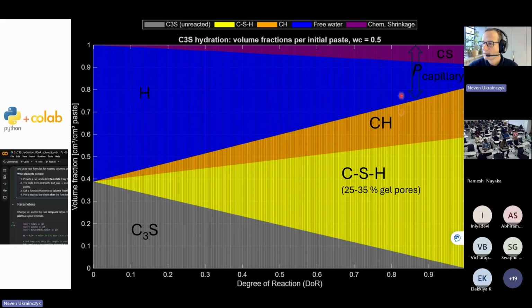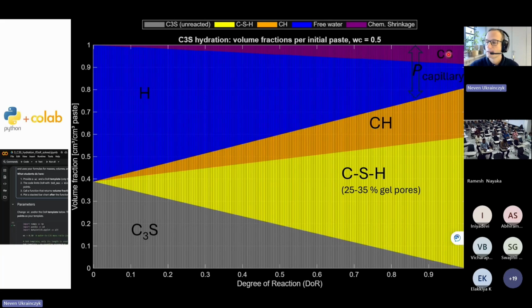You know how much cement didn't react, you can calculate the amount of hydration products, you know their volumes, you know the amount of water, and you need chemical shrinkage. When you sum the chemical shrinkage and capillary water, you get the porosity. And this is called the capillary porosity.